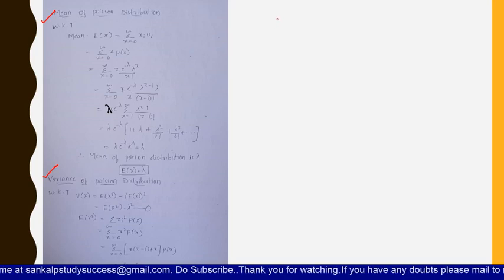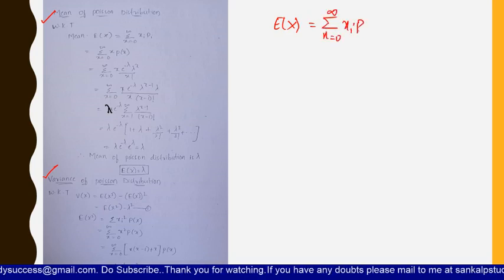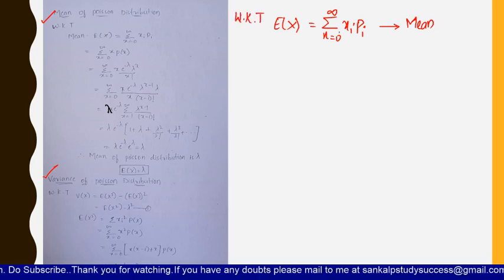Let us derive it. E of x is equal to the summation of x equals 0 to infinity xi into pi. This is nothing but generally the mean, right? We already know this equation. This is nothing but the mean.